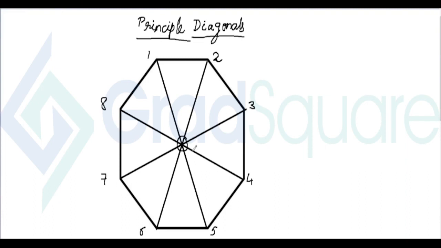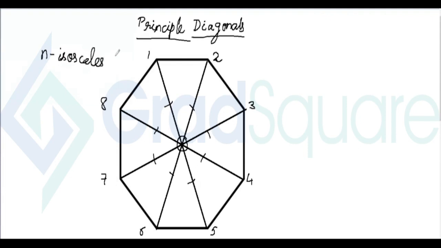And what does the center do? First, it divides all the principal diagonals into two equal halves. Right? It is the midpoint of all the principal diagonals. Also, because it's the midpoint of all principal diagonals, I can say that from this center, when I join all the vertices of this regular polygon, then the regular polygon gets divided into n isosceles triangles.